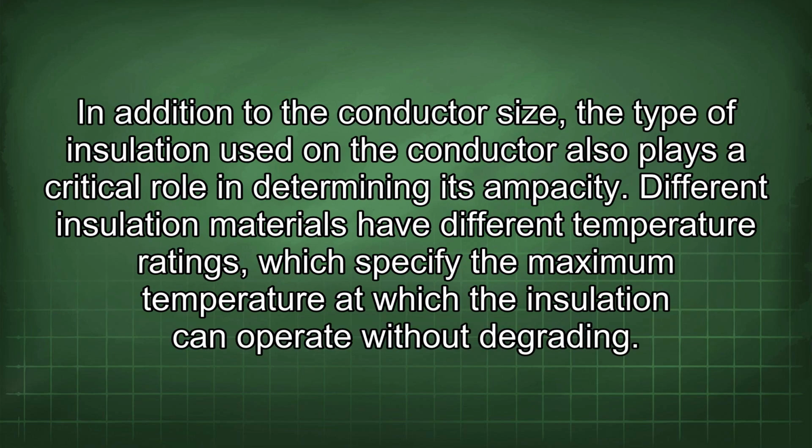In addition to the conductor size, the type of insulation used in the conductor also plays a critical role in determining its ampacity. Different insulation materials have different temperature ratings, which specify the maximum temperature at which the insulation can operate without degrading.